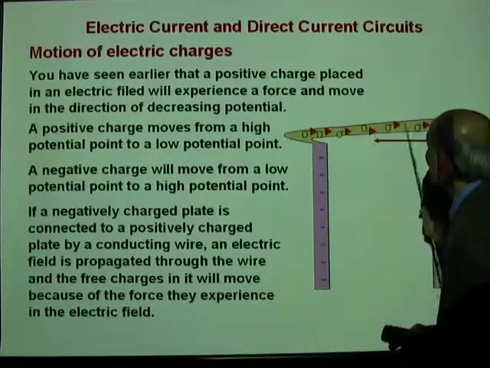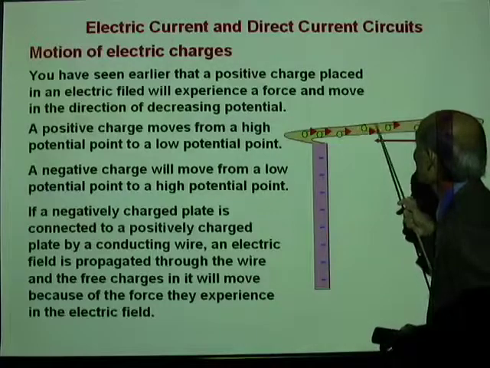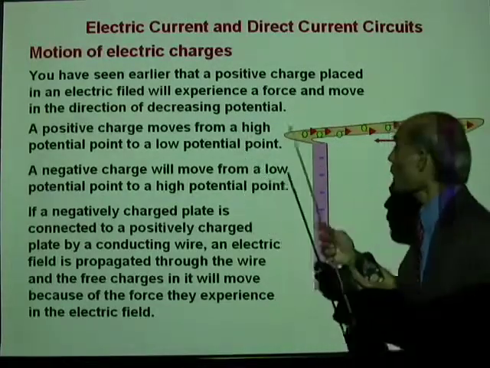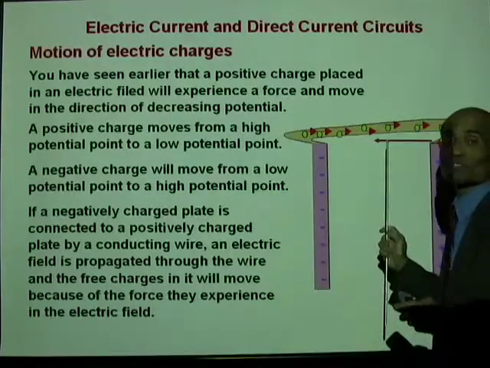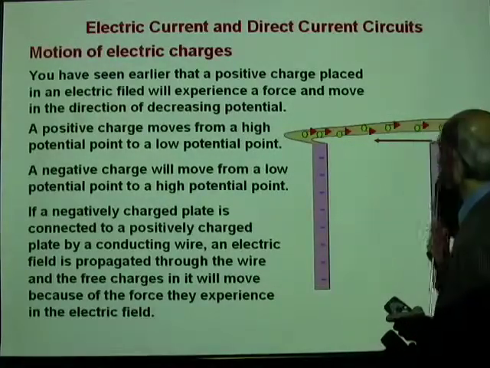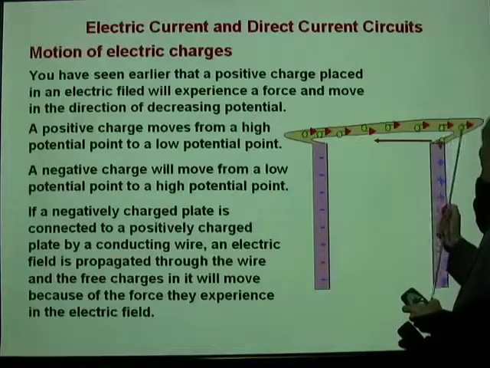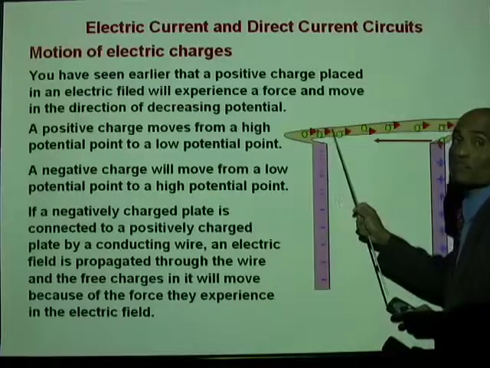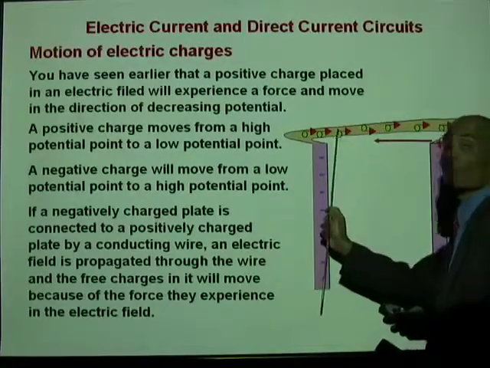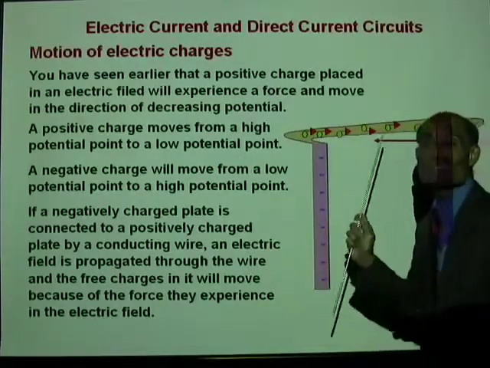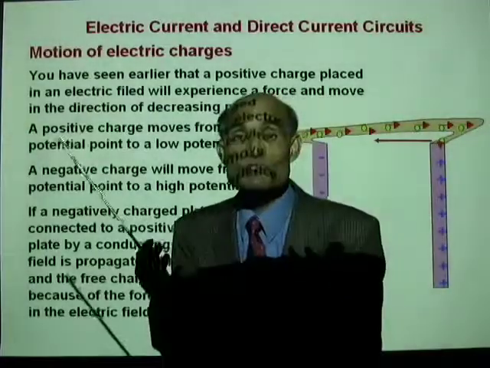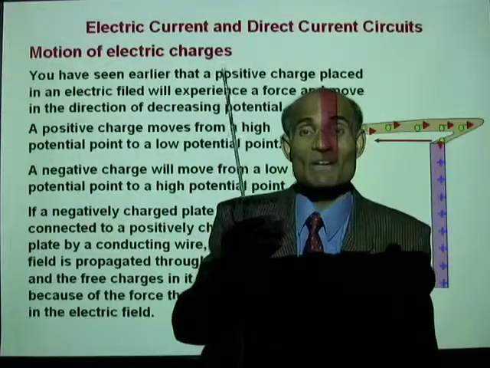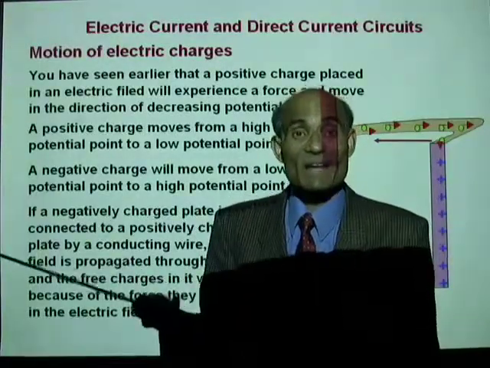And that electric field will cause the electrons in that conductor to drift opposite to the direction of the electric field. Is that right? The electric field is propagated from the positive to the negative. That means the negative charges in this conductor will drift in the opposite direction. And the drift of electrons caused by the electric field is what we call an electric current.